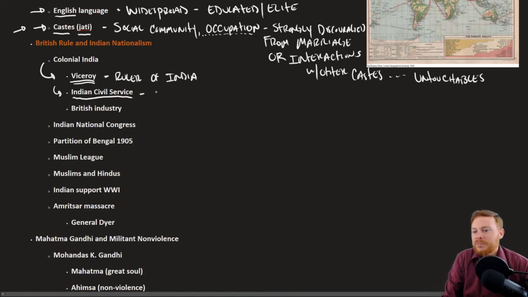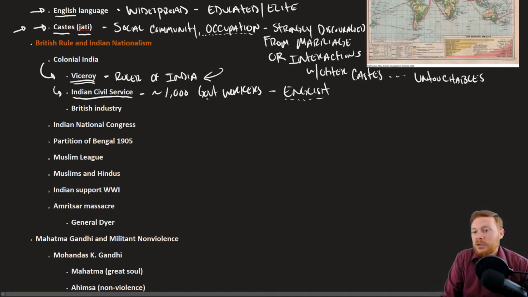I think the textbook says about 1,000, it might be far more than that, government workers. What's to note is that most of the members of the Indian Civil Service are English, right? These are not people actually from India, although the Indian Civil Service over time does open up a little bit more, especially to those people in India who are Western educated, but for the most part, they're dominated by people of England. The viceroy is always English, of course.